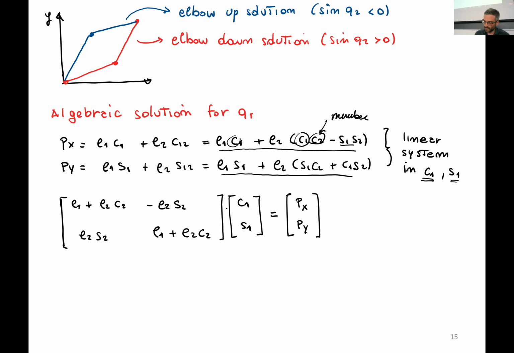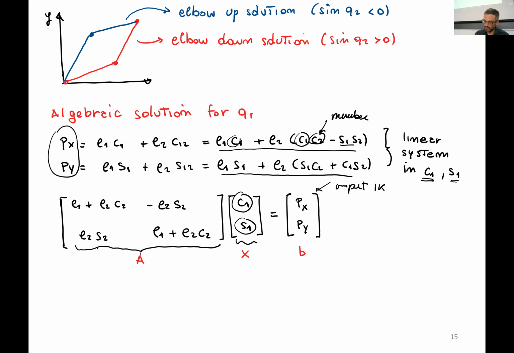We can put it in a matrix form, and we can call this matrix A. So we collect cosine of Q1 and sine of Q1. We call this matrix A, and these are our unknowns. And this is the known term that is our input for our inverse kinematic problem.